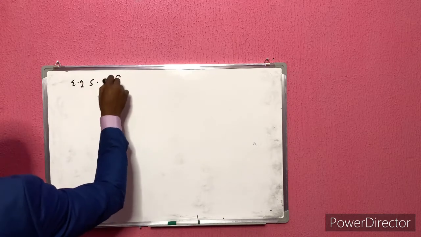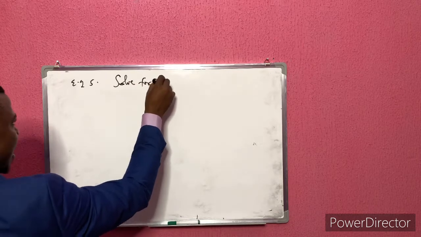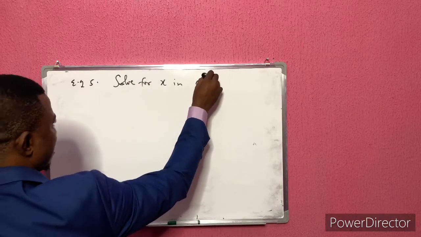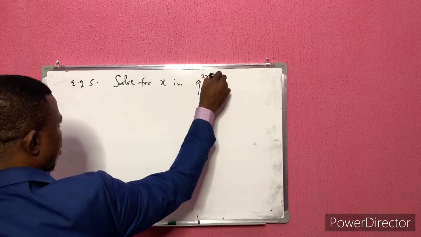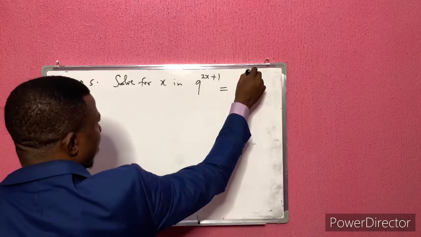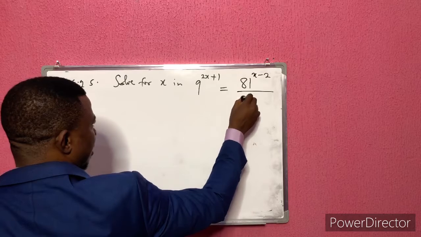Solve for x in 9 raised to the power 2x plus 1 equals 81 power x minus 2 all over 3 power x.